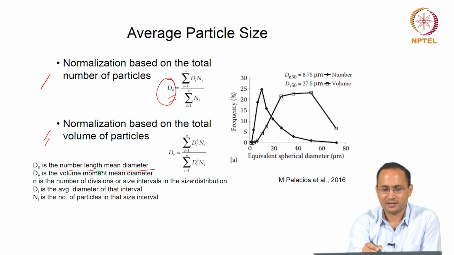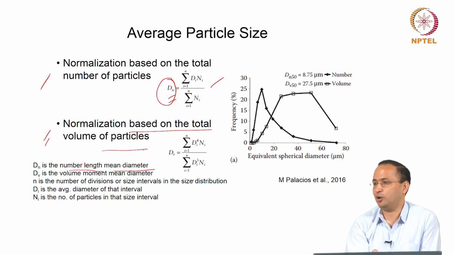So, dn is normalization based on the total number of particles. You can see di ni summed over the number of size intervals, small n, divided by the total number of particles. And you can also do normalization based on volume. Again the formula will be different.